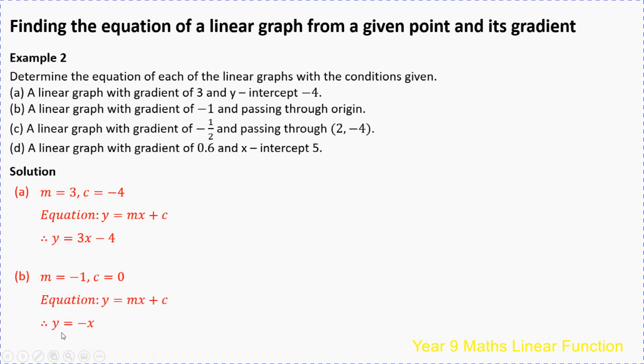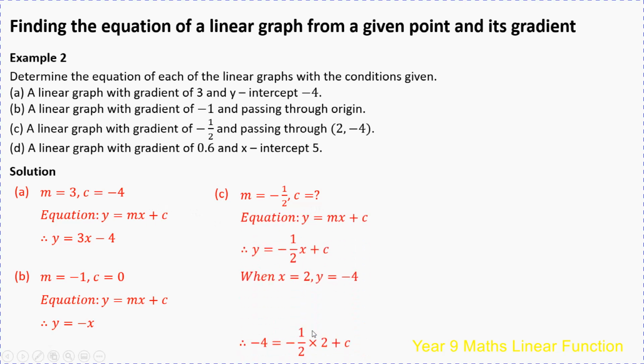The equation is y equals mx plus c, but we don't know c, so that's the problem for part C. The presentation is a bit different from my previous working, but I bet you understand what it means.